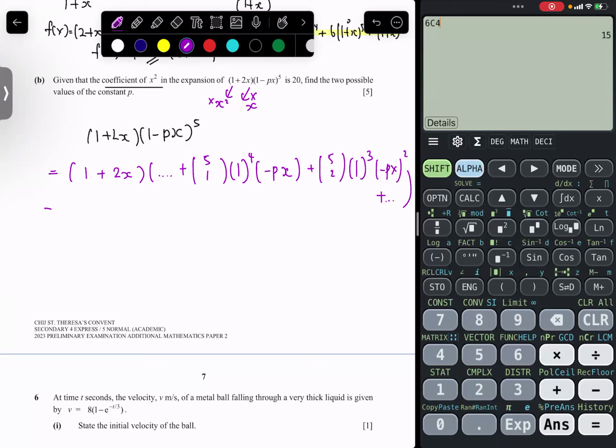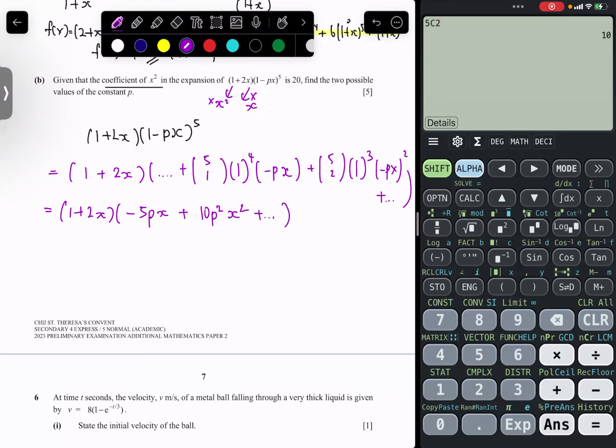So that equals (1 plus 2x) multiplied by negative 5px plus 10p squared x squared, plus dot dot dot.